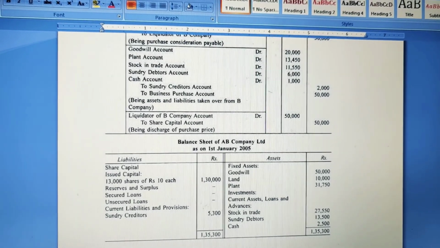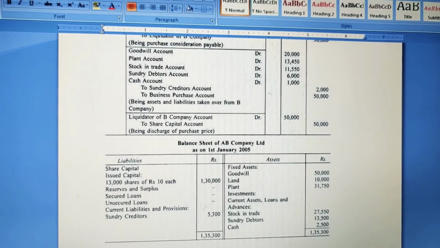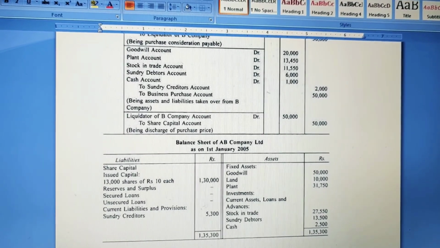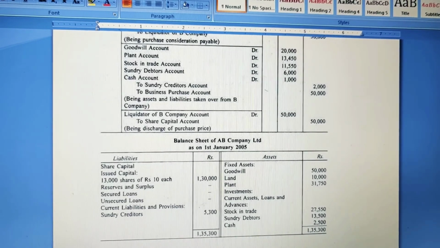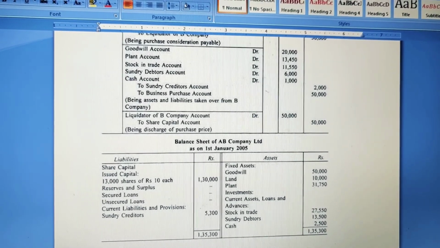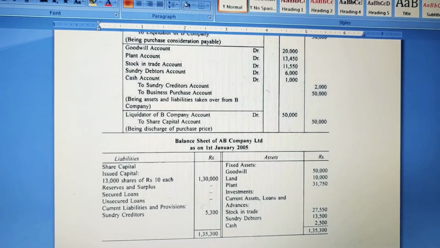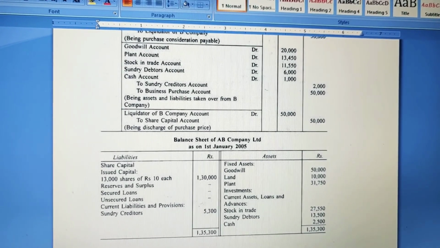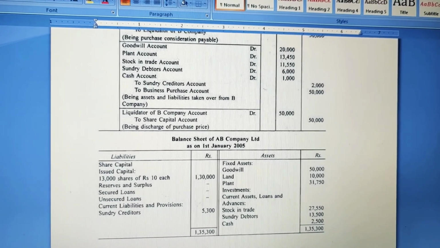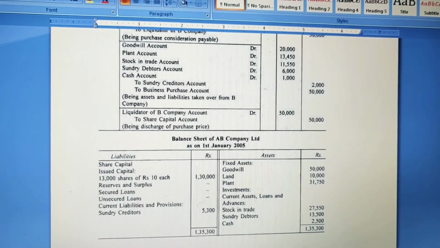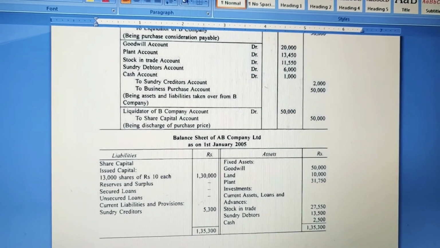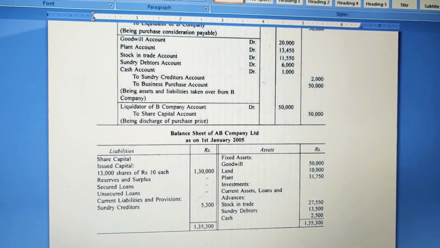So you don't have to pass them here, that already goes to the equity shareholders of company A. Similarly, P&L account, you don't have to pass the amount of P&L account, but you have to pass your current liabilities and provisions. Sundry creditors worth 5,300, in which sundry creditors of 2,000 are of B company and 3,300 worth of sundry creditors are of A company. So total is 5,300. Clear?